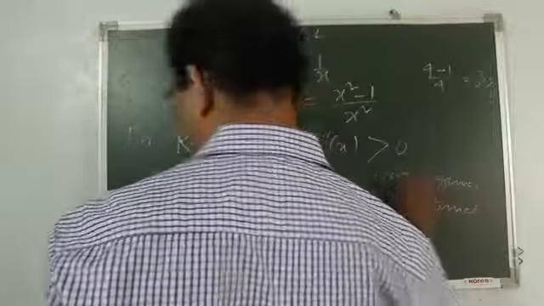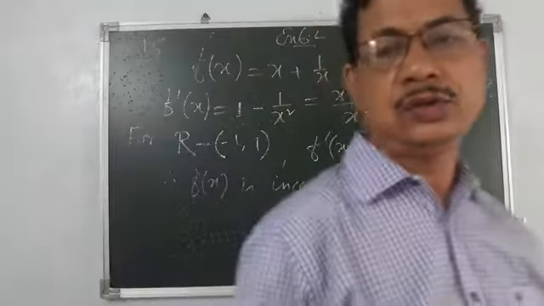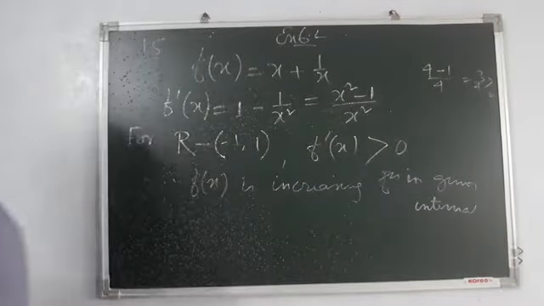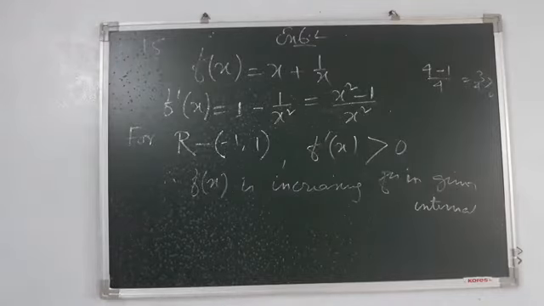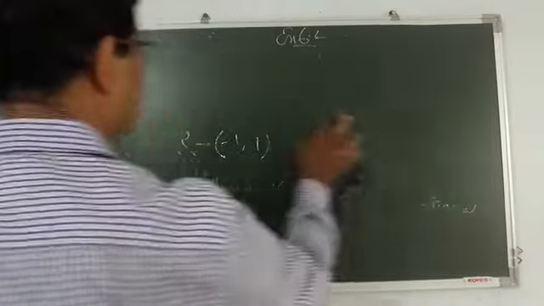So this is our question number 15. I think you understood these things. Now we will do question number 16. So here application of derivative and it is increasing decreasing function.